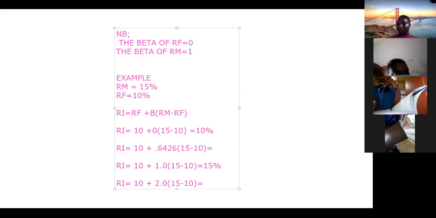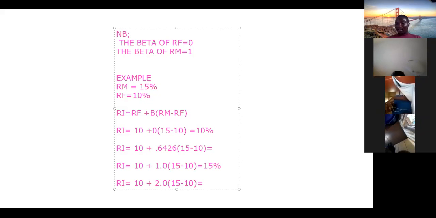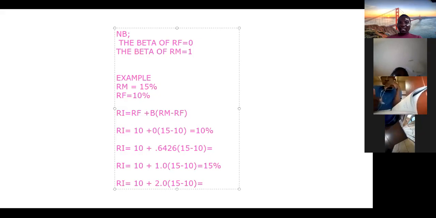Are you getting it? So your exercise now for the next 5 minutes is to find the required return for each of the investments over there. So I'll do one for you, then you will continue by yourselves. I'm going to share my board, then we can continue. So I'm sharing my whiteboard.